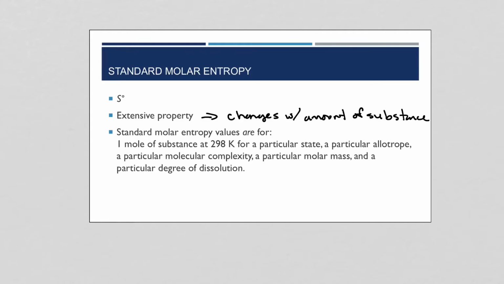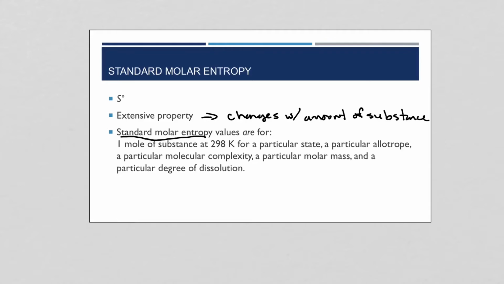So if you have more material, the standard entropy will go up. So we typically define in tables the standard molar entropy, so the value for 1 mole.